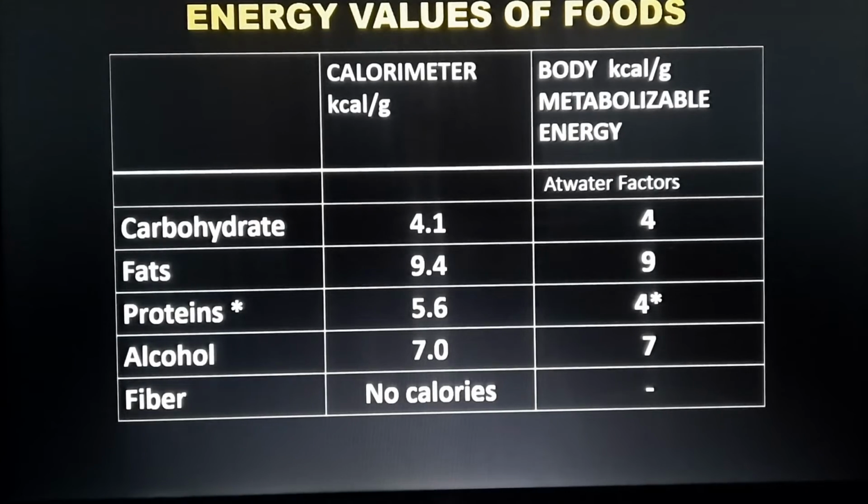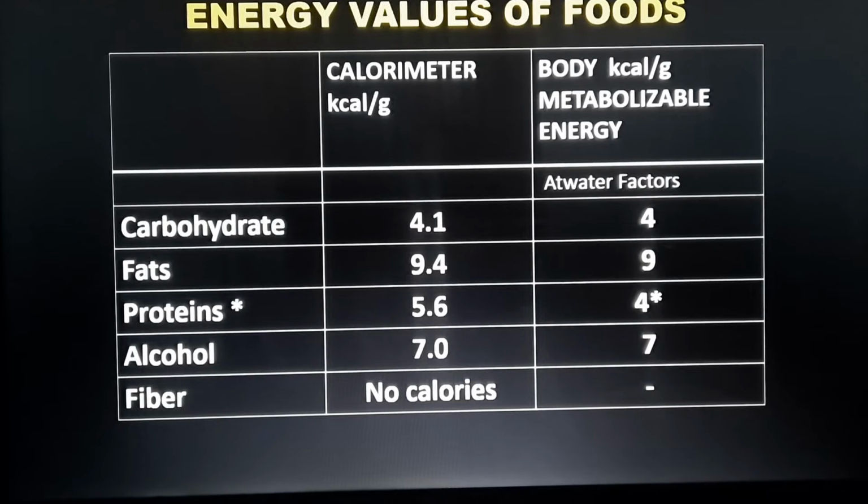So these values are nearly equal to each other, while proteins have different values. 1 gram of proteins, when combusted in the body, produces 4 kilocalories, while in the external environment or in the calorimeter, it produces 5.6 kilocalories per gram.